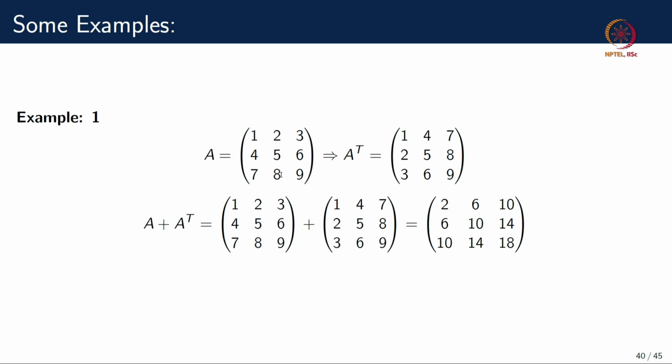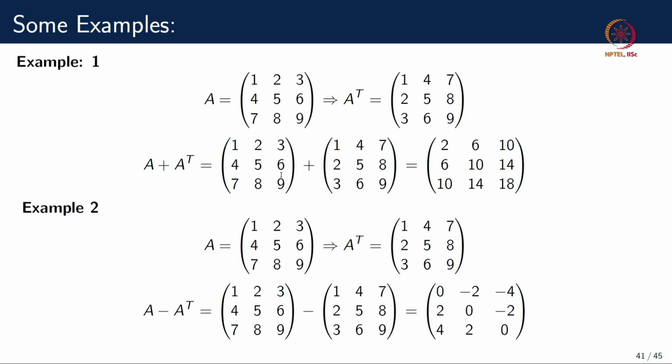Now we will try to subtract, A minus A transpose, for the above example. A is 1 2 3, 4 5 6, 7 8 9, minus the transpose 1 4 7, 2 5 8, 3 6 9. If you subtract, that is equal to 0 -2 -4, 2 0 -2, 4 2 0.